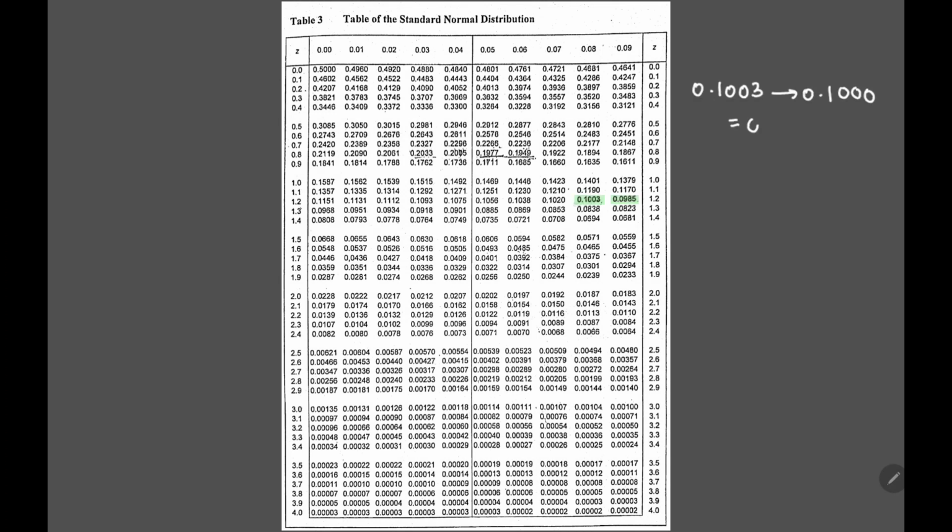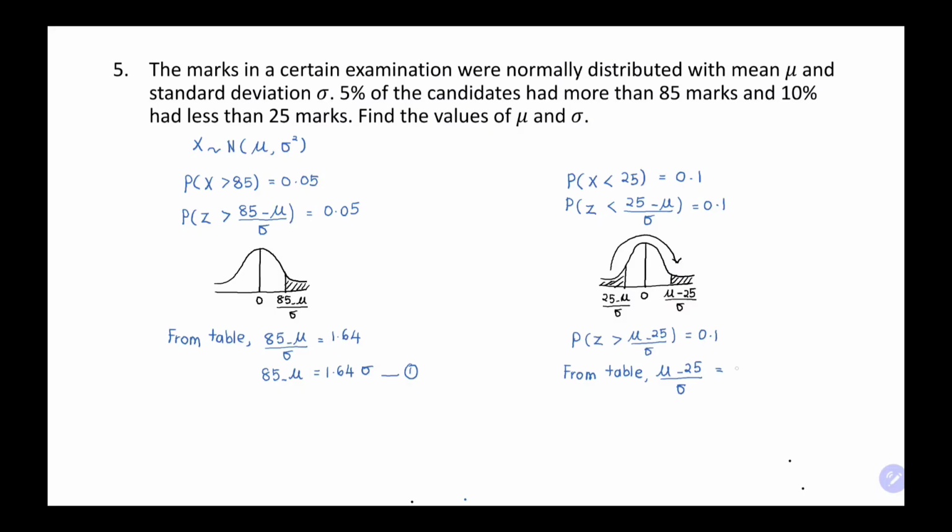So the closest is 0.1003, which gives 1.28. So (mu minus 25) divided by sigma equals 1.28, and mu minus 25 equals 1.28 sigma. This is the second equation.